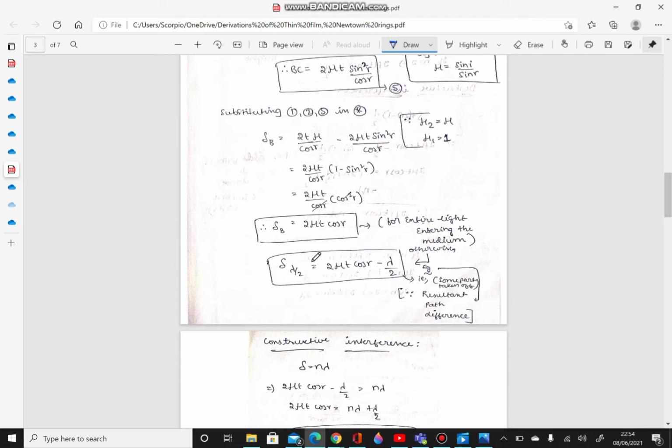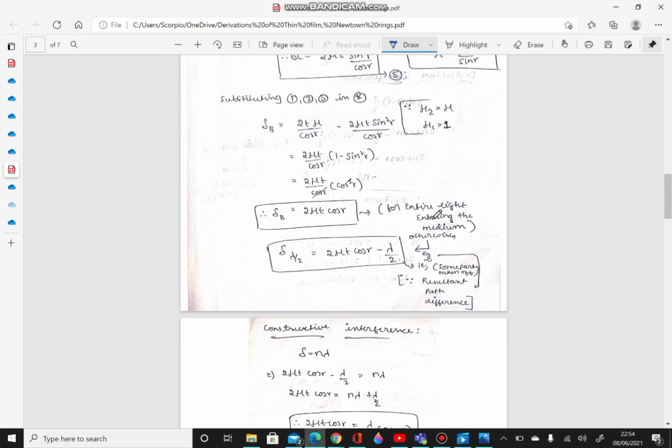But depending on how much light is entering the medium, because sometimes several irregularities exist, maybe not the entire light passes through or is utilized for reflection and refraction. So let's say some part of the light is omitted. With this in mind, we can generalize this formula for when not the entire light is taking part in this experiment due to some other irregularities.